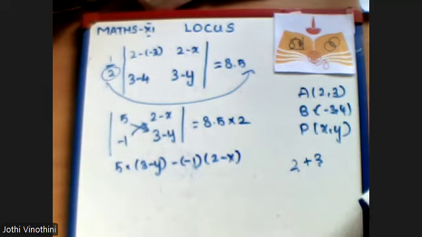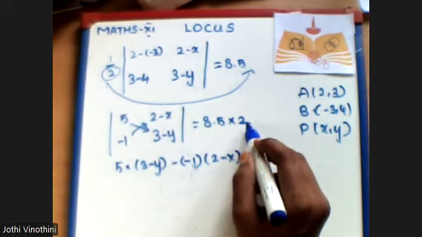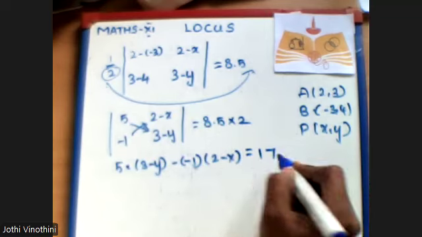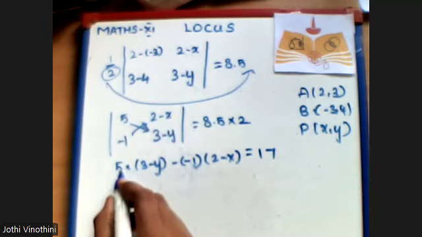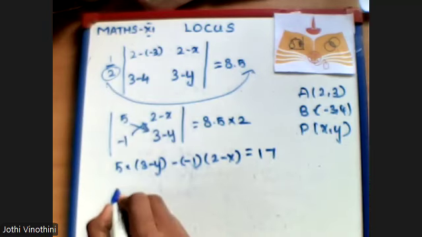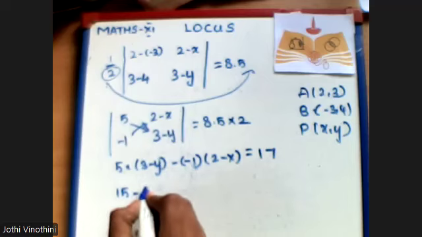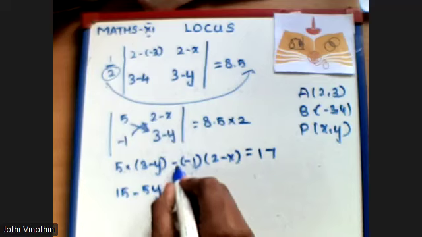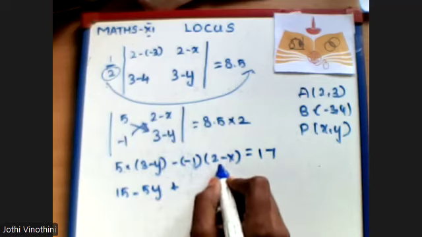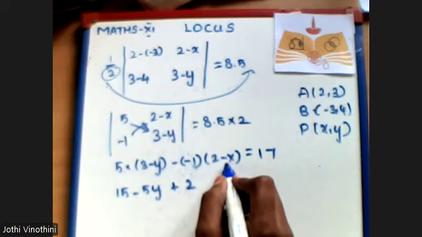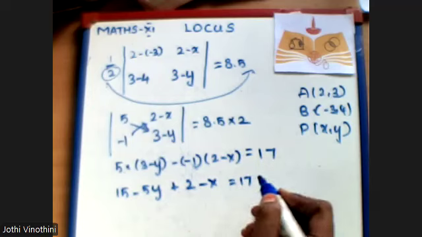What will be 8.5 multiplied by 2? It will be 17. Shall we multiply this? 5 threes are 15, minus 5y. Minus of minus will be plus, what we have here, 2 minus x, which equals 17.